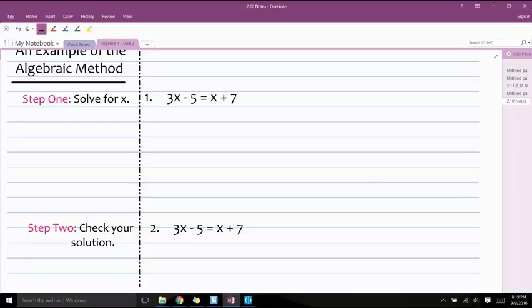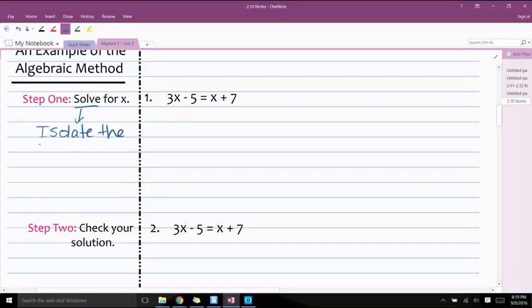Since we want to look for the value of the variable that makes the equation true, we need to get the variable alone. We need to isolate the variable. So anytime you see that we have to solve, you want to think, I need to isolate the variable.